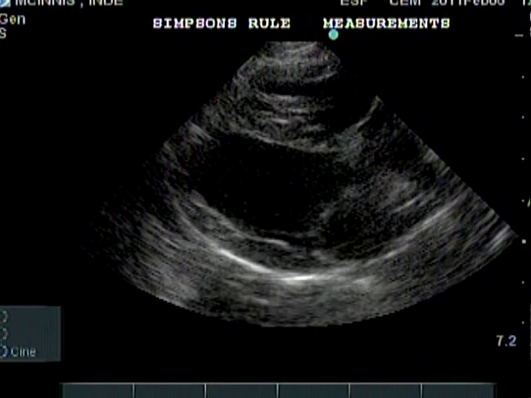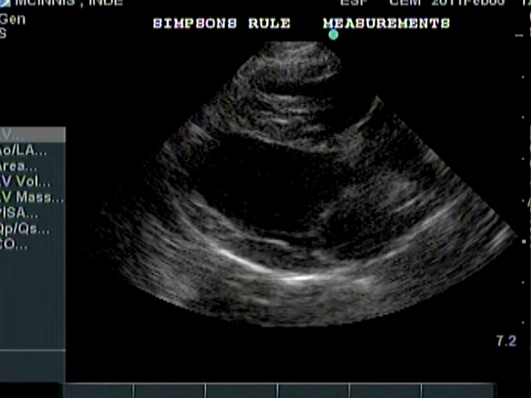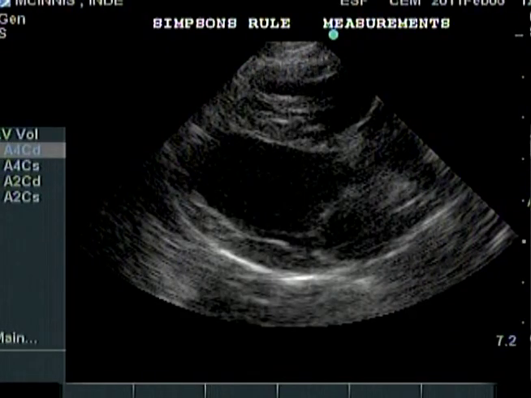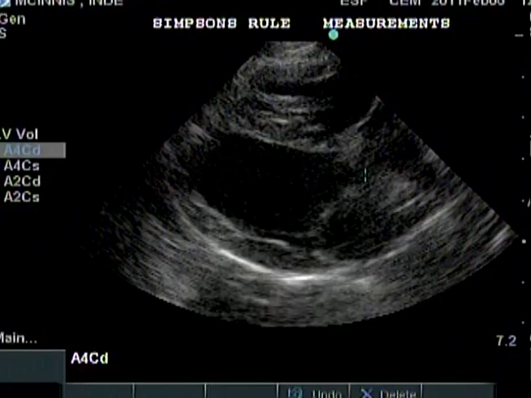Activate the calculations package and select a volume measurement for 4-chamber diastole of the left ventricle. The first caliper is placed on one side of the mitral annulus, and the endocardial surface of the left ventricle is traced to the other side of the mitral annulus.